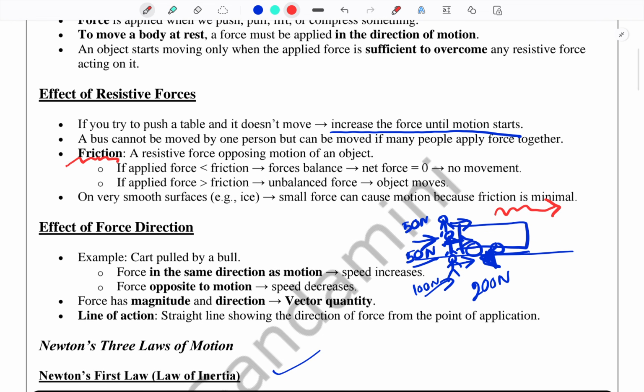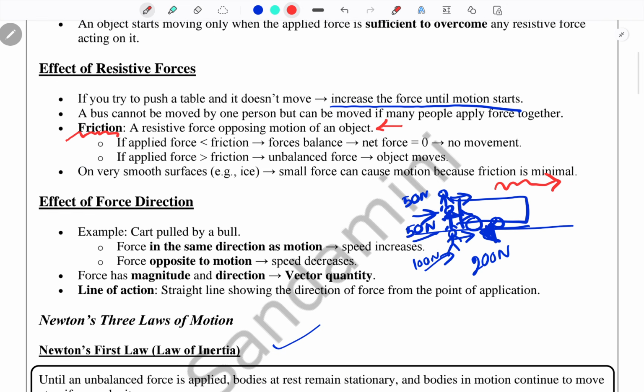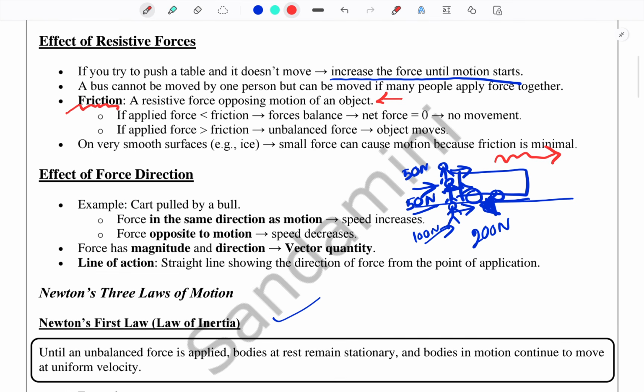A resistive force opposing the motion of an object is friction. අපි ඒක දැනගන්න ඕන. හරිද? For every object, if we try to move it, there is a resistive force it starts to generate. ඒ surface එකේ resistive force එකක් දෙනවා ඒ object එක move වෙන එකට. So that is simply the friction.